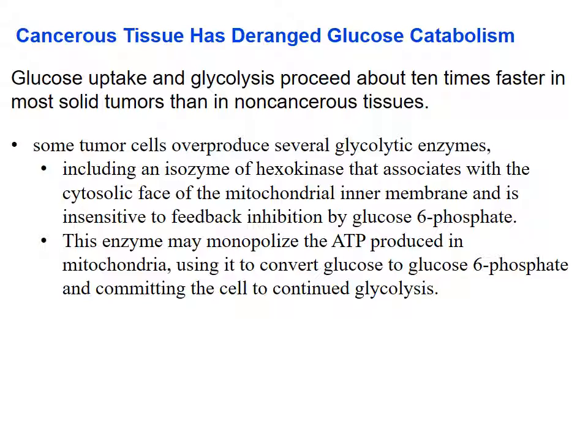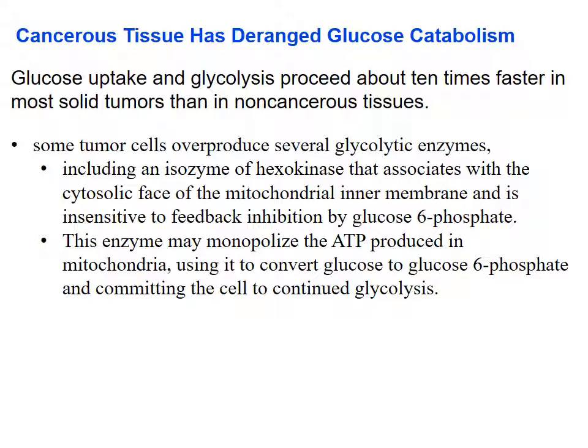This particular isozyme is insensitive to the negative feedback loop from the concentration of glucose 6-phosphate, so it's active. This enzyme can be synthesized to such an extent as to overshadow the ATP production in mitochondria.